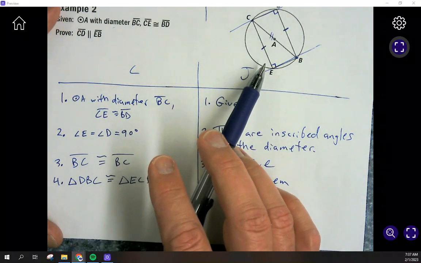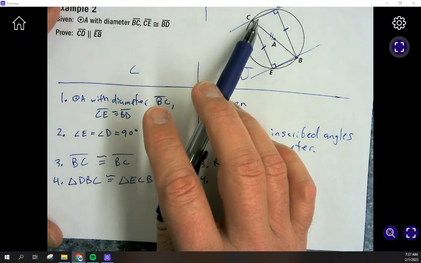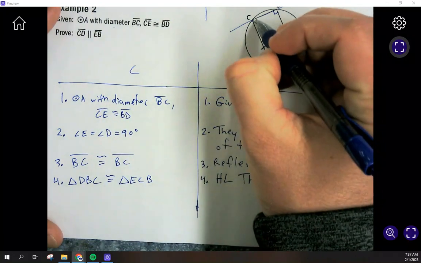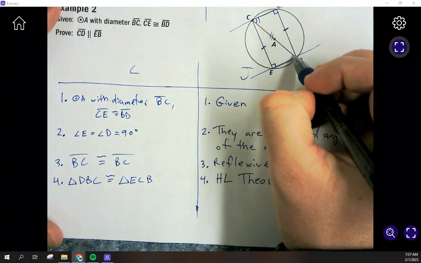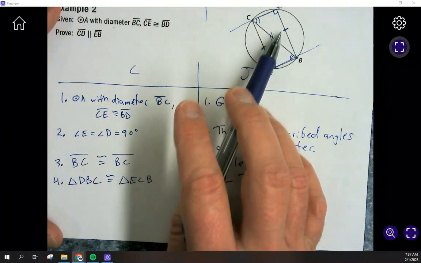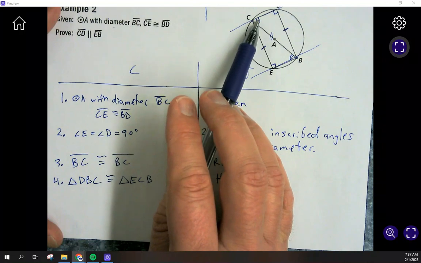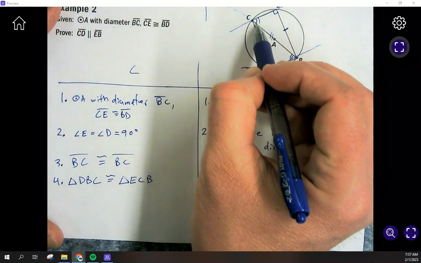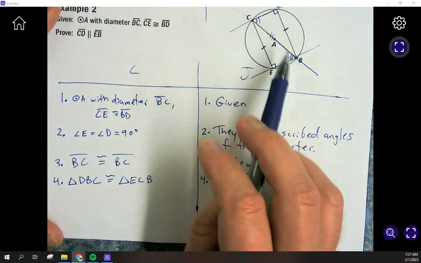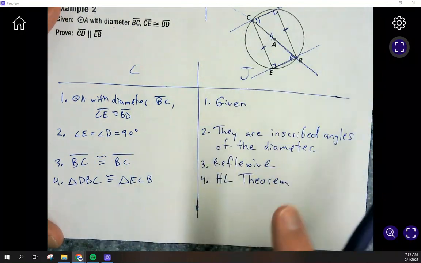And we know that's going to hit at 90 degrees there. But if you take a look, these angles of the triangle, these matching angles right here, that one and that one, those have to be equal to each other if these two angles are congruent. And those are alternate interior angles as this line is hitting your two parallel lines. Those are alternate interior. So if those are equal, that means we have proven that these are parallel.